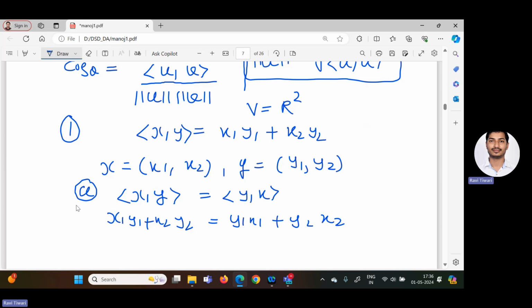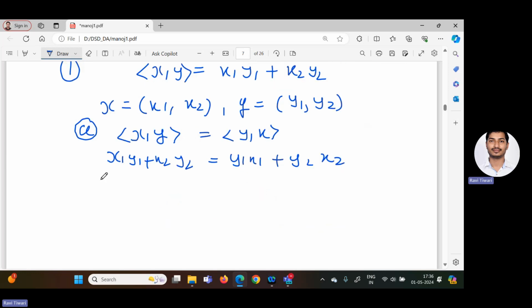Now what is the second property? In the second property we need three vectors. Let us assume this is A, the first property; I am giving the name A. So A is satisfied. For B, let us assume that Z equals Z1 comma Z2.